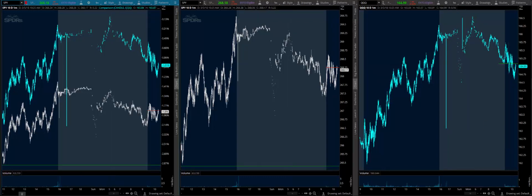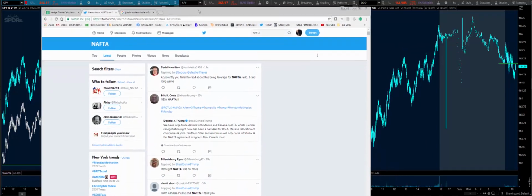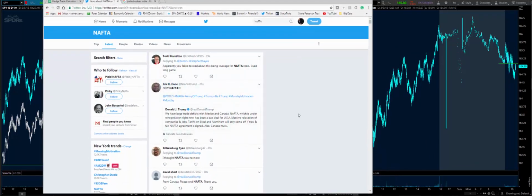There's a lot of nonsense going on right now on Twitter, on NAFTA. Oh my God. So apparently Trump, being the brilliant negotiator that he is, was only using the steel tariffs to renegotiate a better trade deal on NAFTA.